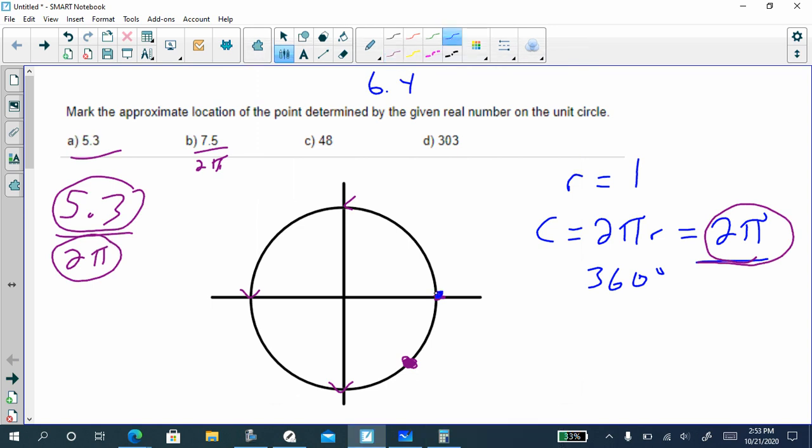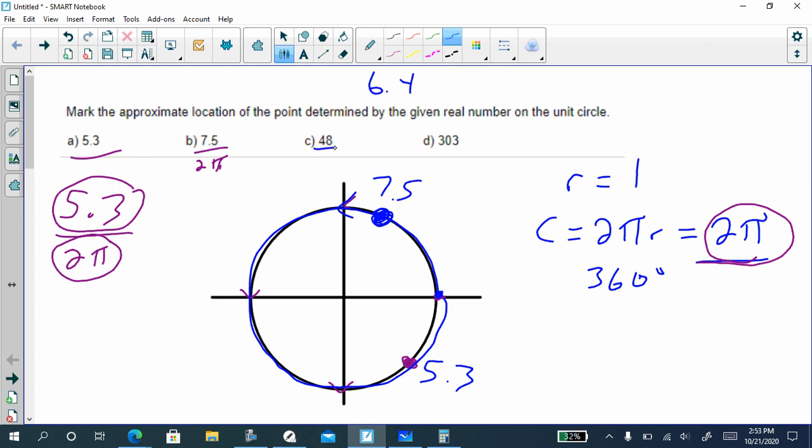So if we start here and go 100% of the way around, that's all the way around. And then if we go an additional 20%, 25% would be there. The fourth would be 25%. So 20% would be somewhere in here. So 5.3 would end up there, 7.5 up there.